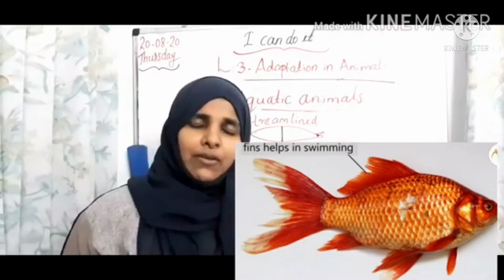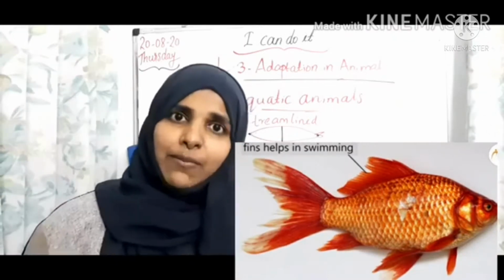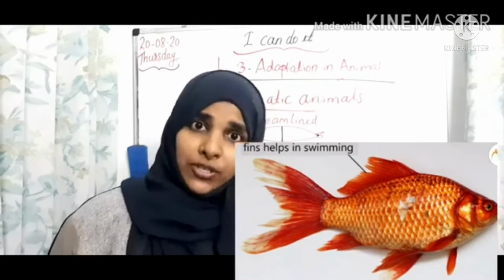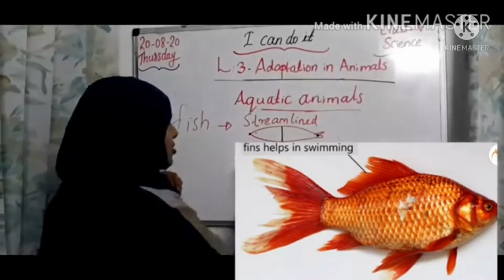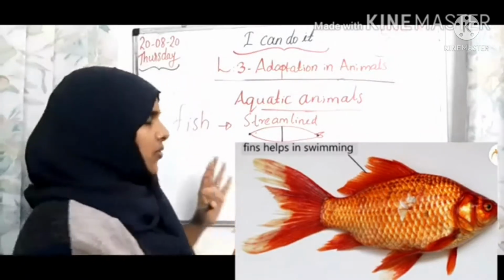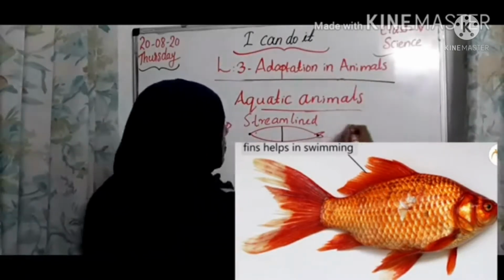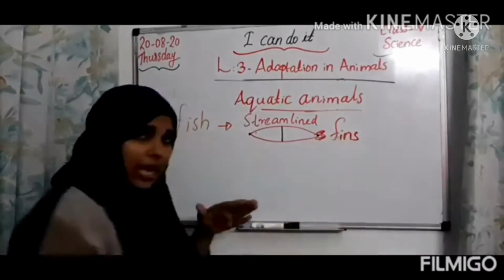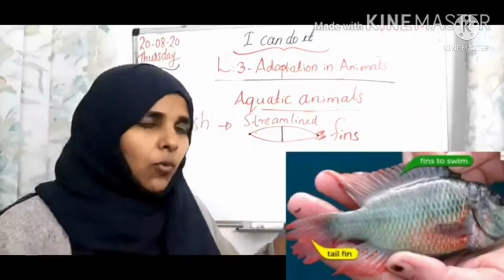When we are checking the aquatic animals, we can see different locomotory organs they have. That means for movement. For the fish, what, children? For movement, fins. Fins help with movement in fish, and its tail helps with backward and forward movement.